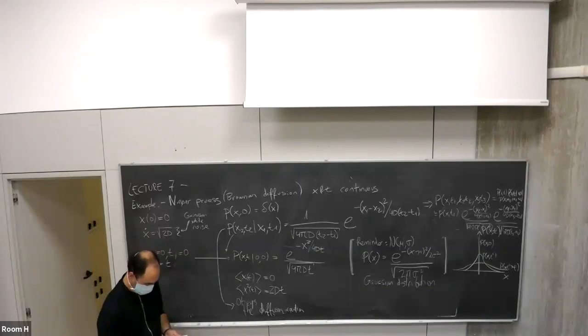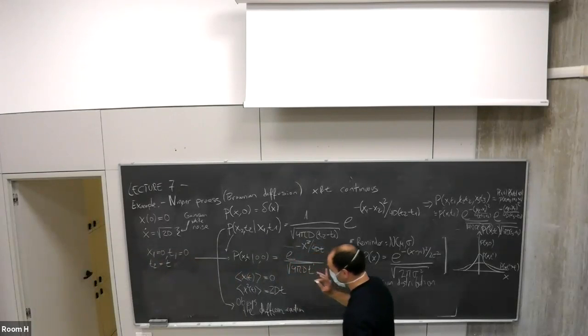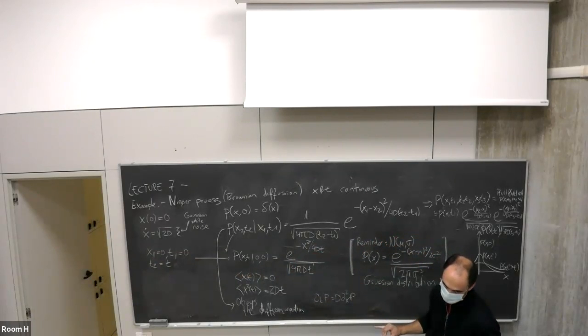For this example it is very simple. Usually it's written like this: the partial derivative in time is the diffusion coefficient times the second derivative with respect to x.